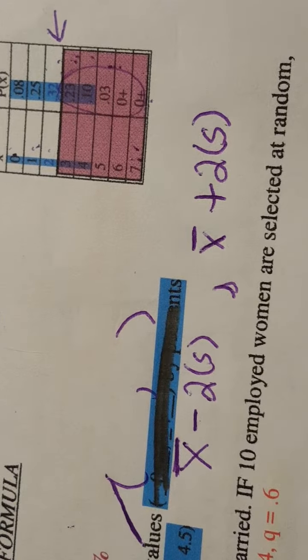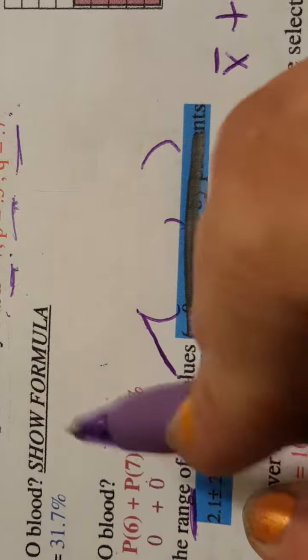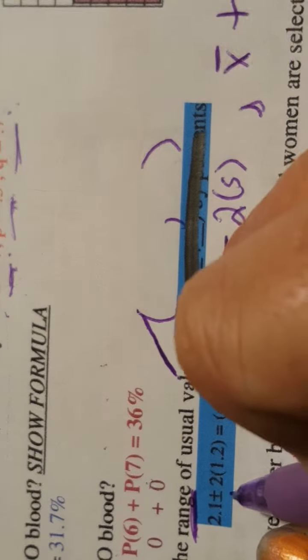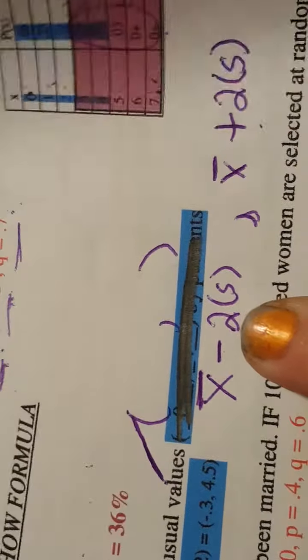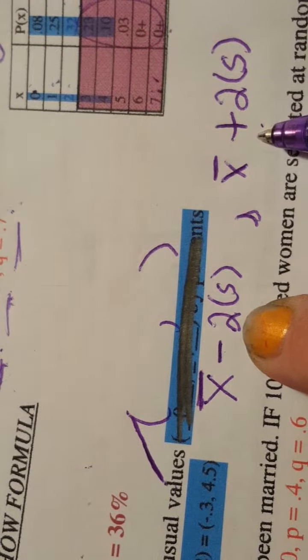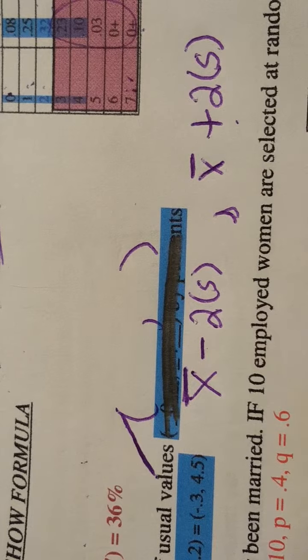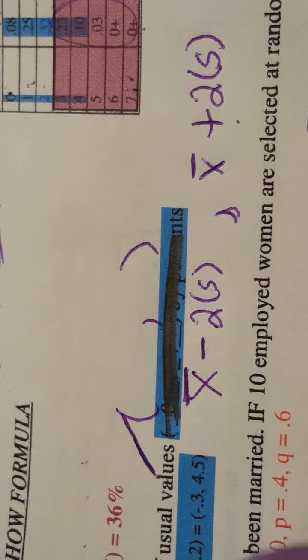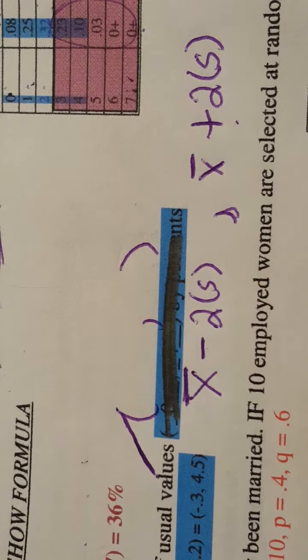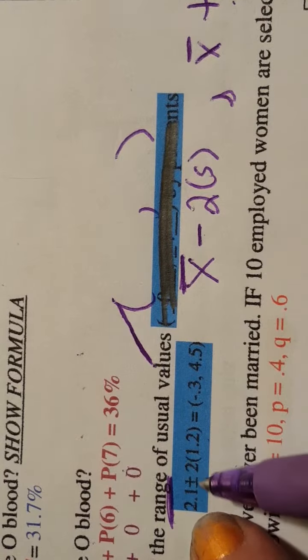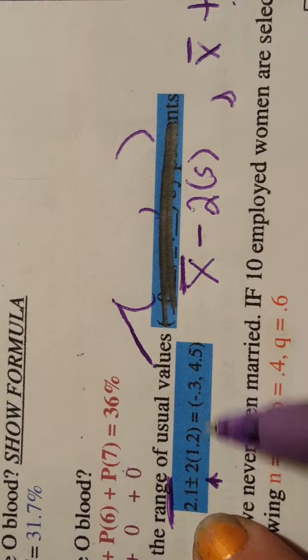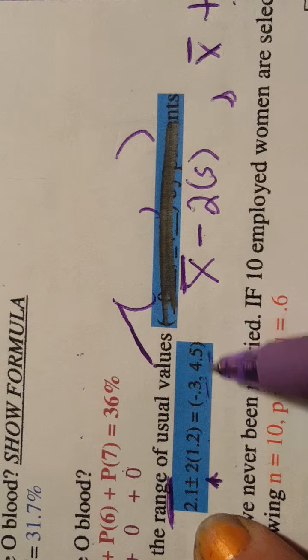So if we say 2.1, you see right here, 2.1, this right here is a shorter way of writing this. But if you do it this way, you still have to say this plus 2 times this. And then you have to go again and say this minus 2 times this, because you have two answers here.